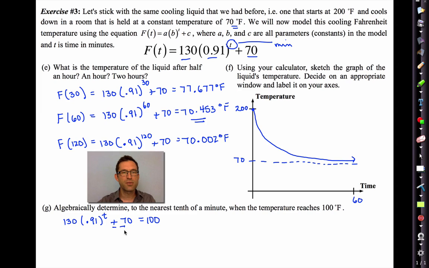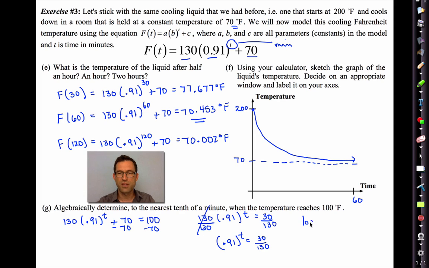So I'm going to subtract the 70, and that's going to give me 130 times 0.91 to the t equals 30. I'll get rid of the 130 by dividing both sides. This is starting to get pretty old hat, huh? 0.91 to the t equals 30 divided by 130. And now to undo an exponential, I take a log.